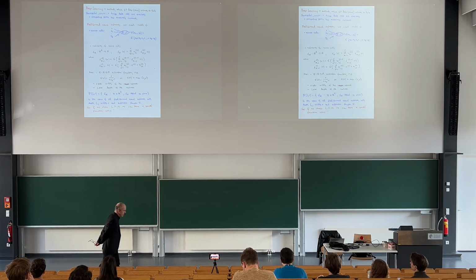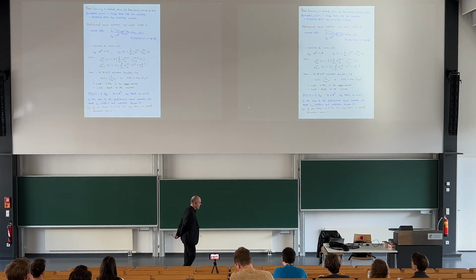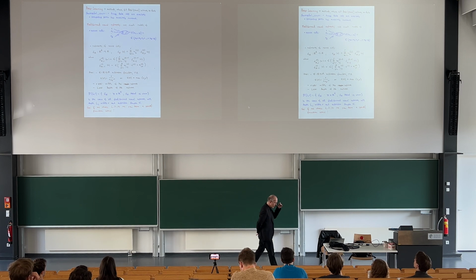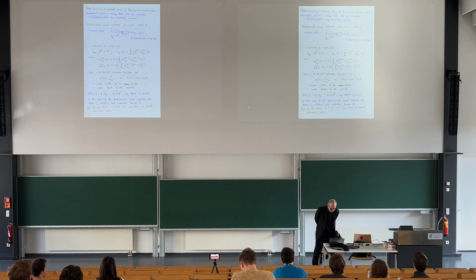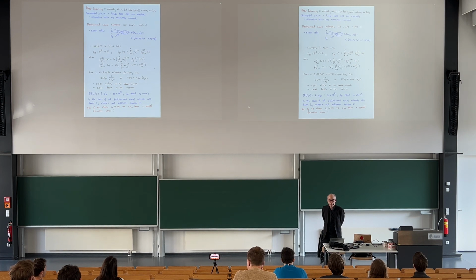And then you have a simple function and you make a network of this simple function, and this network can be recursively defined. I defined it here as a function f with index w, where w is a vector of weights.